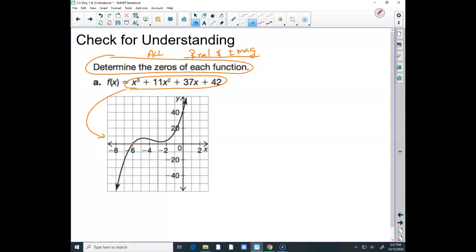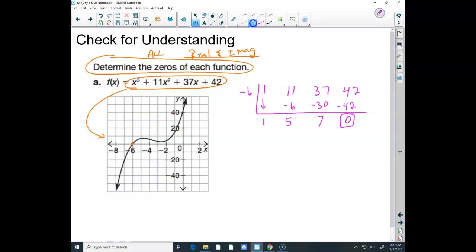So I'm going to try to synthetically divide out because I don't need my P's and Q's yet. And if I put my negative 6 here, 1, negative 6 gives me a 5, gives me a negative 30, gives me a 7, gives me a negative 42 for a 0.